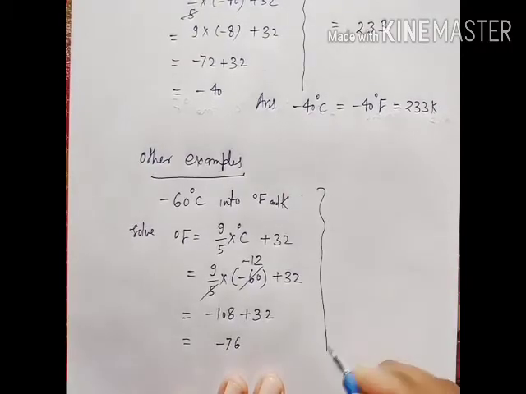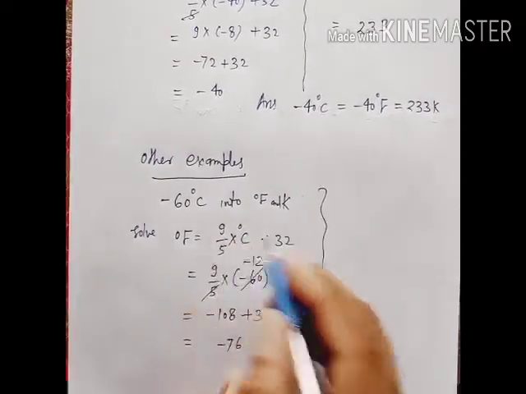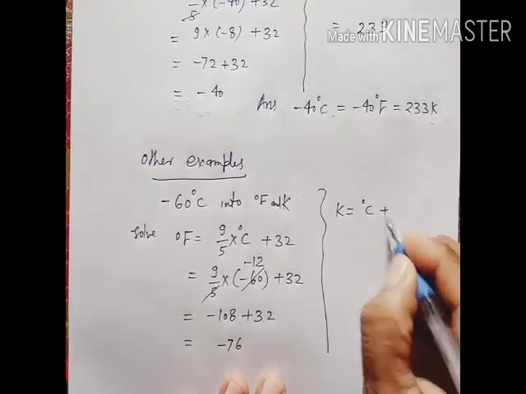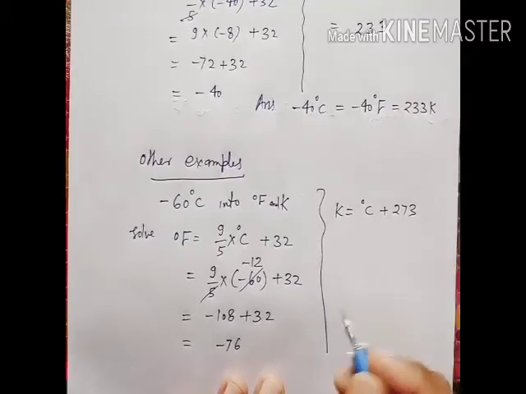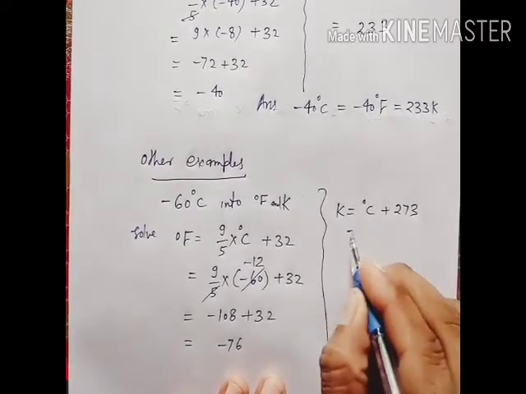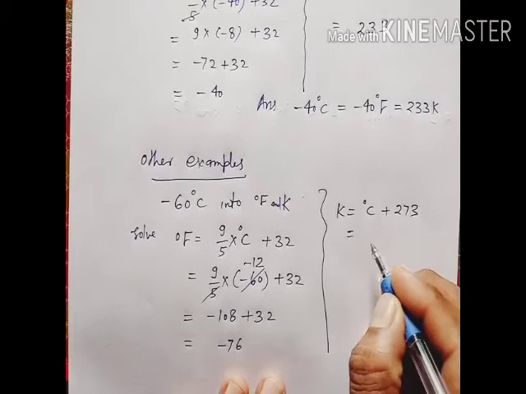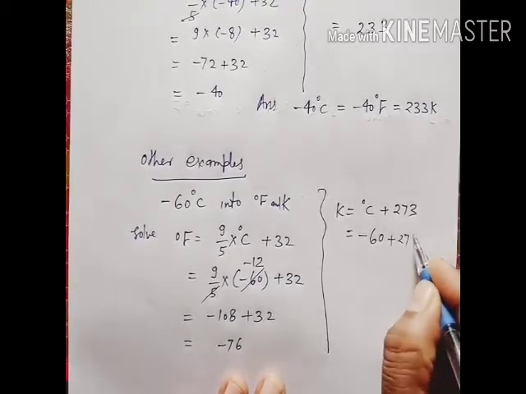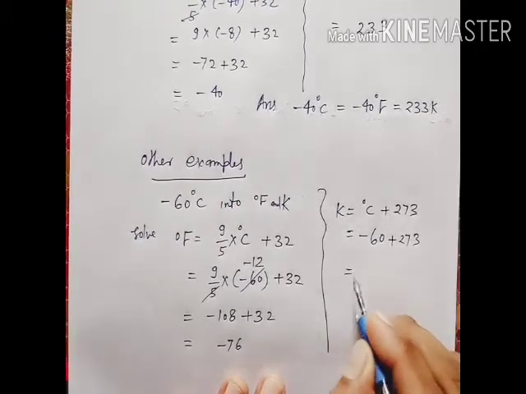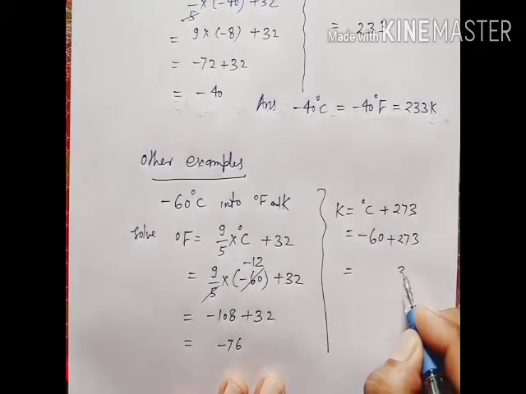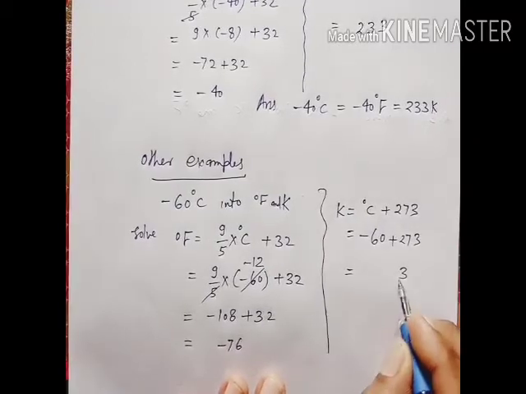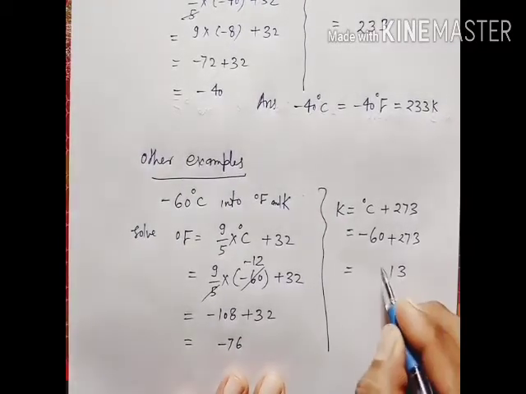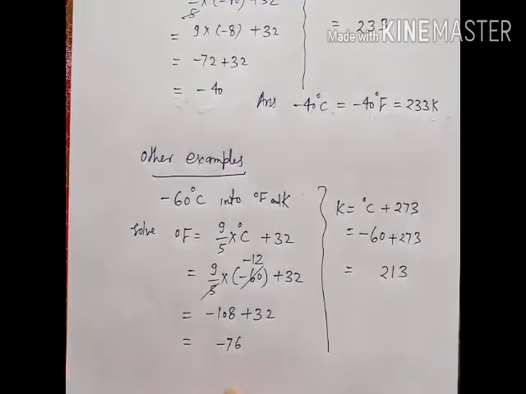Now we have to change minus 60 degree C into Kelvin. We know K is equal to degree C plus 273. Then by putting the value of degree C, that is minus 60 plus 273, we get 213.